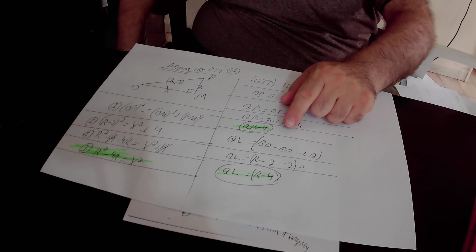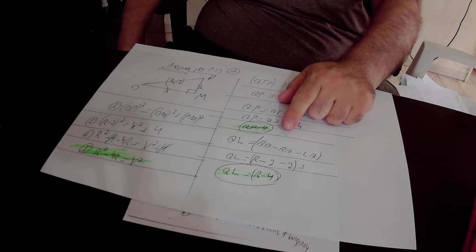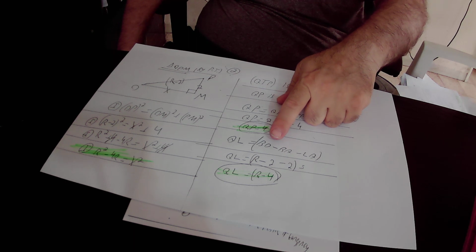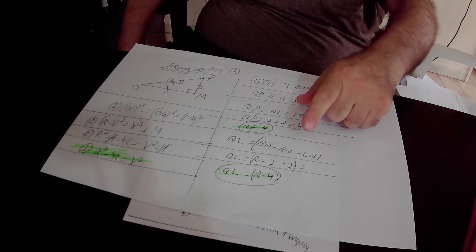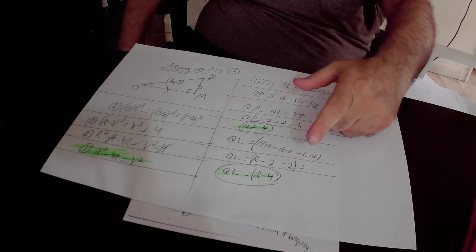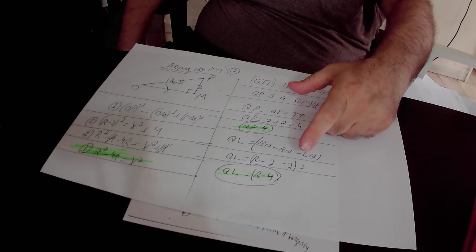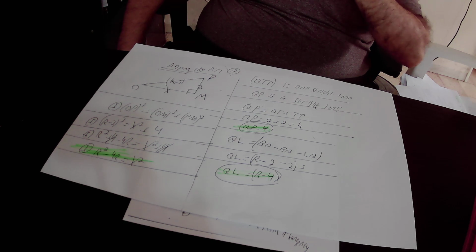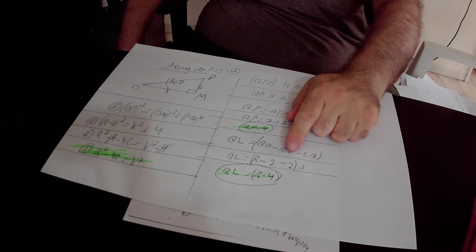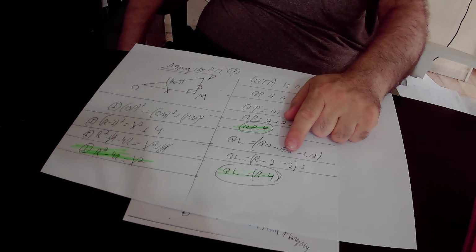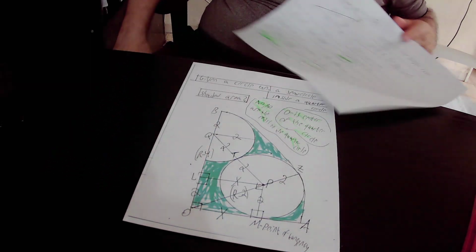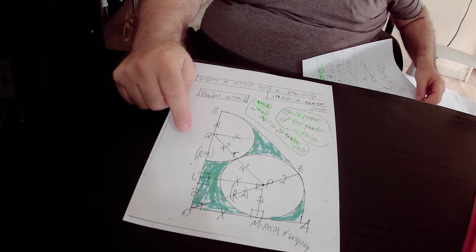So in conclusion, we found out that QL equals BO, that is the radius of the quarter circle, that is equal to capital R, minus BQ, that is 2, minus LO, that is also 2. So QL equals capital R minus 2 minus 2, that is capital R minus 4. So in conclusion, QL equals capital R minus 4.